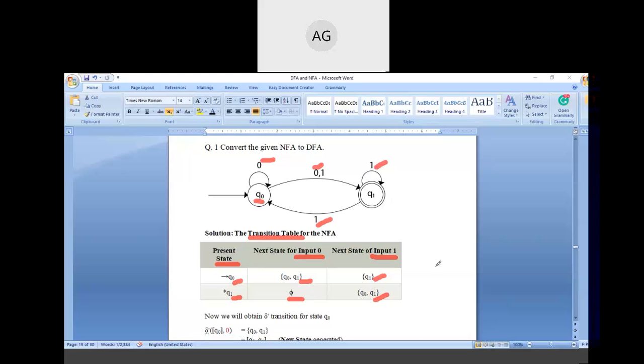So all of you understand it till now? How we fill the transition table from the transition diagram. Now we use this transition table in order to solve the question.